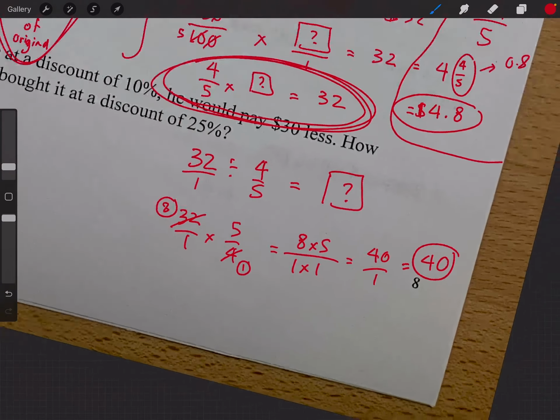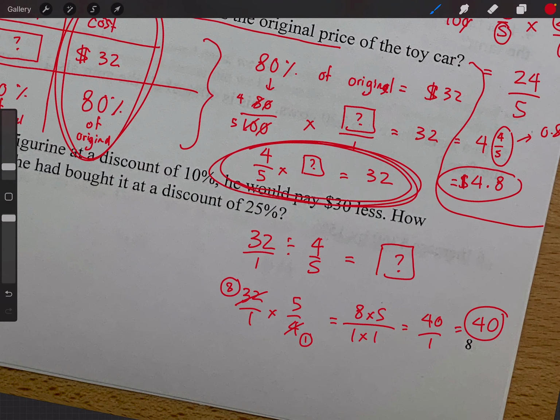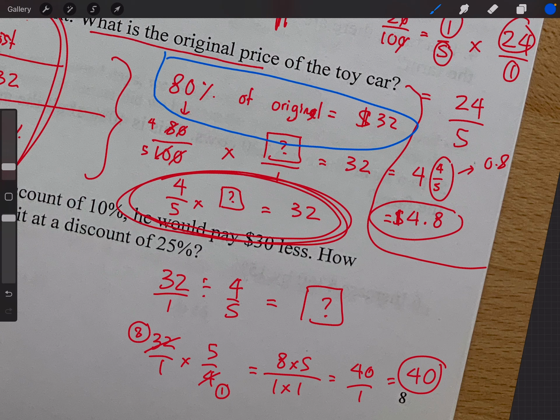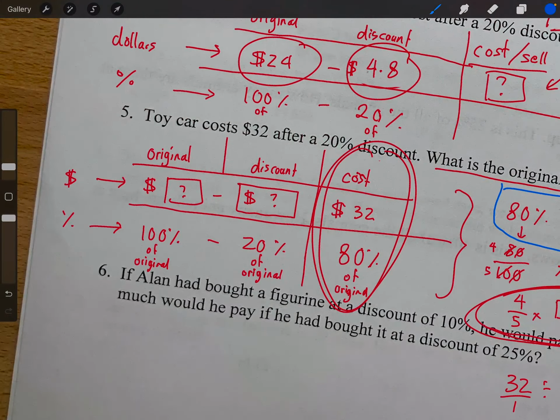Alright, let's have a look at what's happened. So that means that the original price, so look at the equation here. I've got here, I'll color this in blue. 80% of the original price is 32. And the original price, we let it equal to this box with a question mark, right? And we worked it out to be 40. So that means the original price here has to be $40.